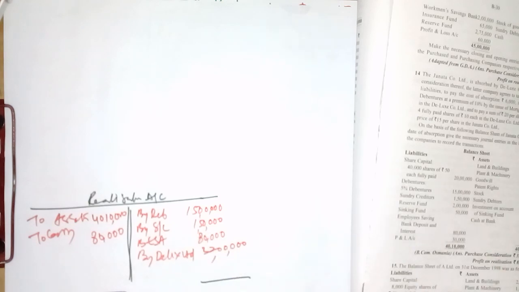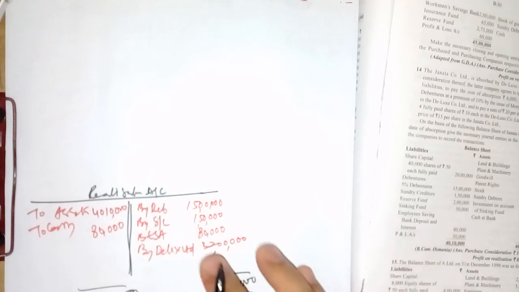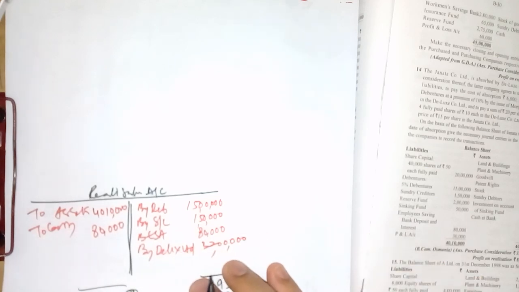Total is 49 lakhs 30,000 I am getting. So this 49 is not here, therefore on both sides I will write 49 lakh 30,000. All right, this seems to be the greater value, that is 49 lakhs 30,000.